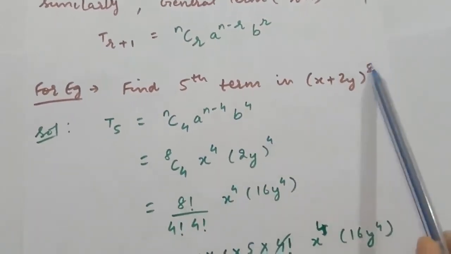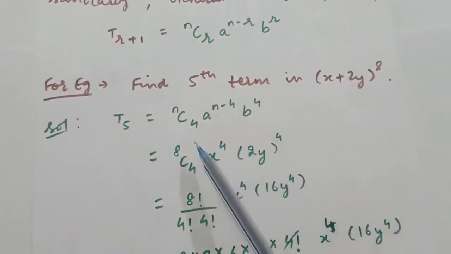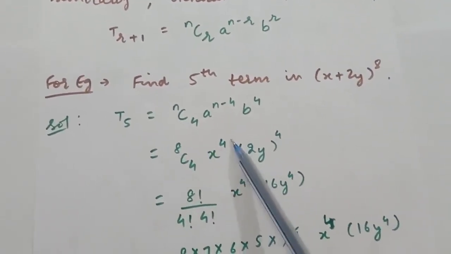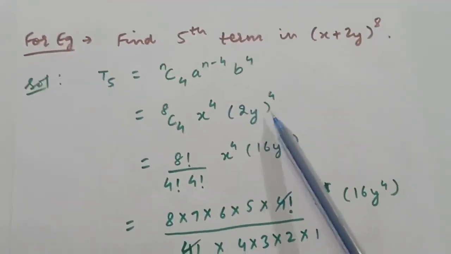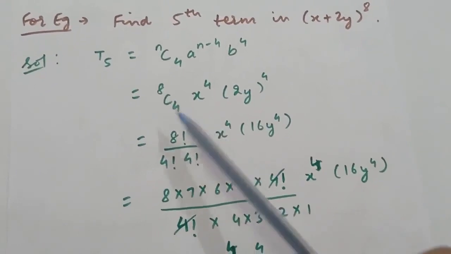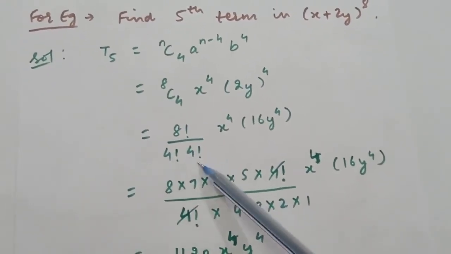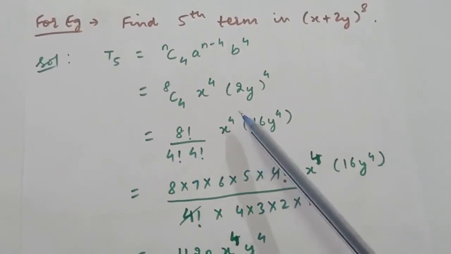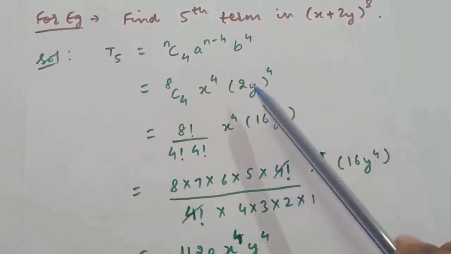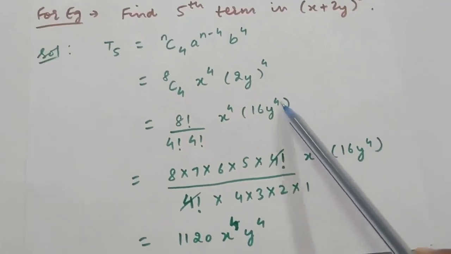n is here 8, a is x and b is 2y. So write down 8C4 x raised to the power 4 (2y) whole raised to the power 4. 8C4 will be 8 factorial upon 4 factorial into 4 factorial, into x raised to the power 4, and this will be 16y raised to the power 4.